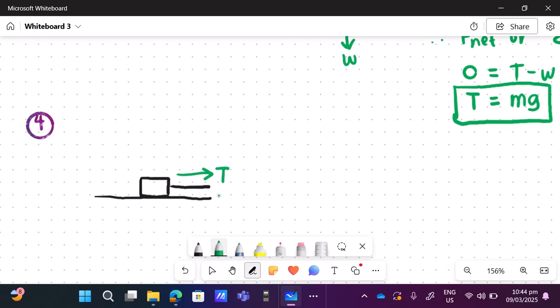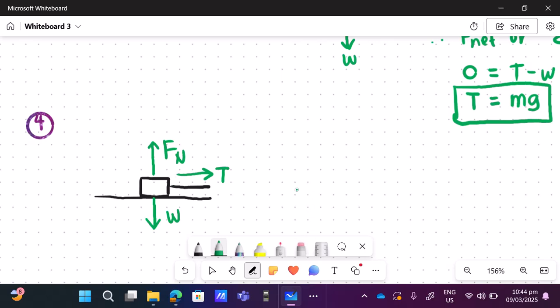What other forces are present on this object? This object has mass, of course, so force due to gravity or weight, and the normal force. The normal force, we have F sub n. Okay, so it is smooth, meaning to say frictionless.